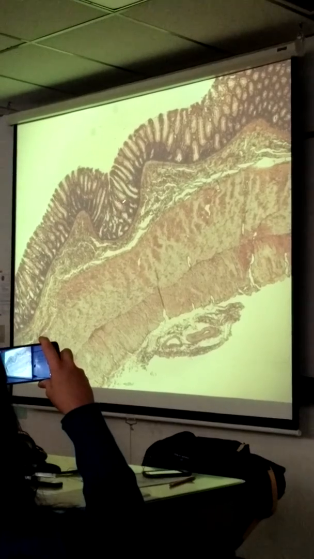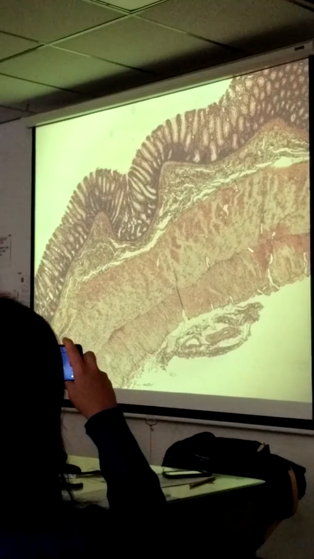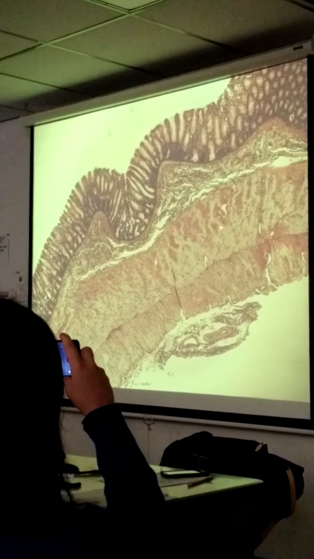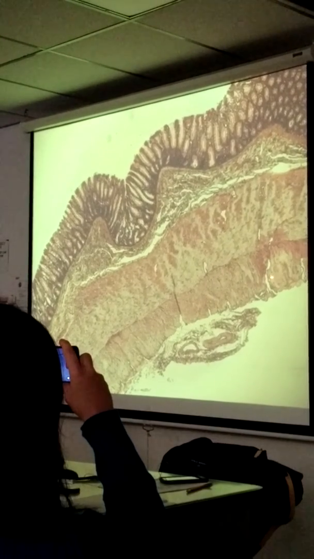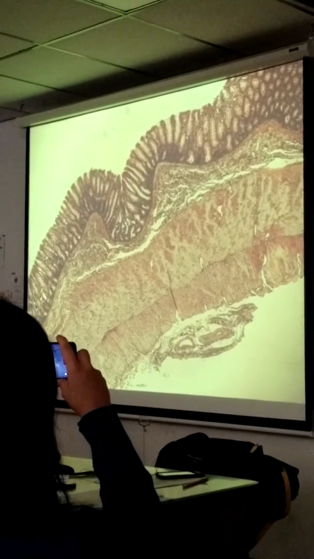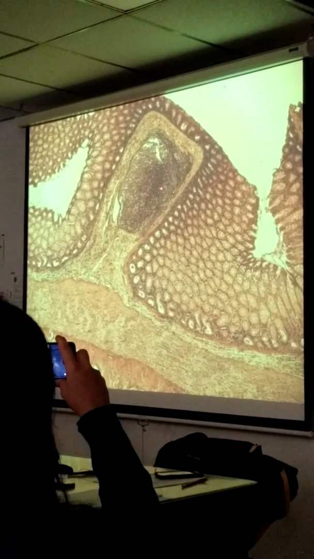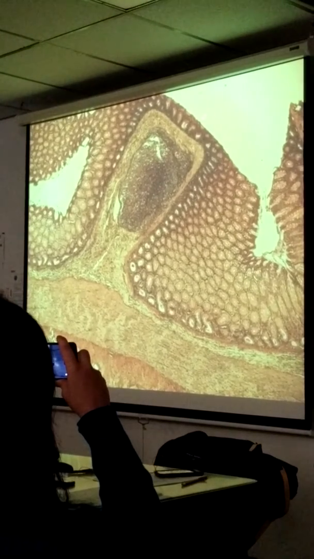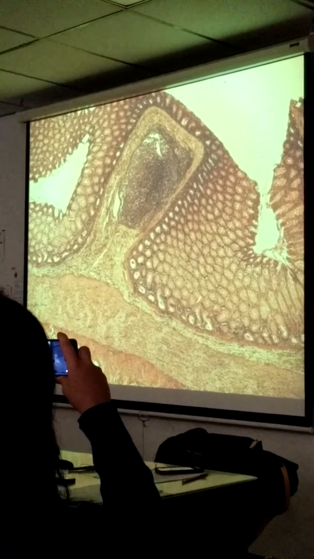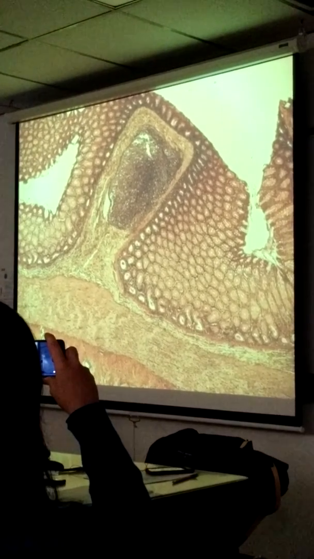The layers are mucosa, submucosa, muscularis externa, circular, longitudinal layers, and from here to here, serosa or adventitia. Colon has MALT. That's MALT of the colon. So it's the same layers.